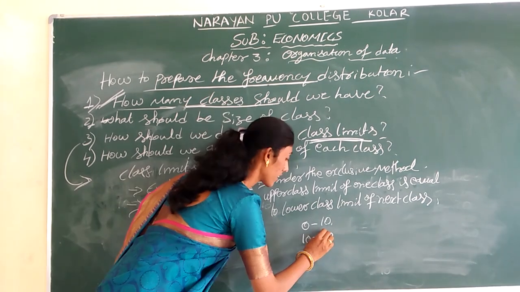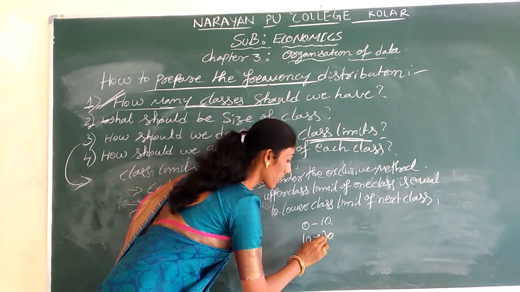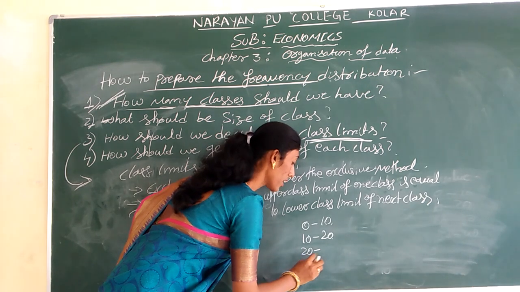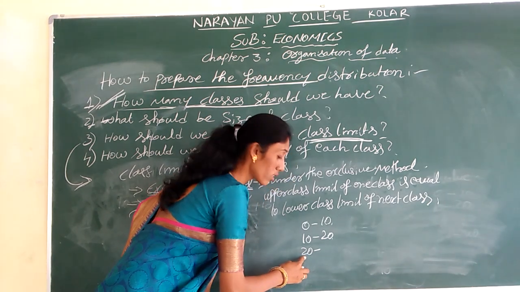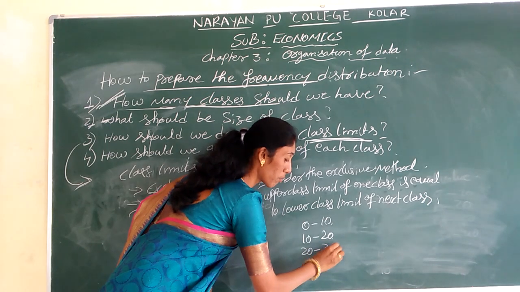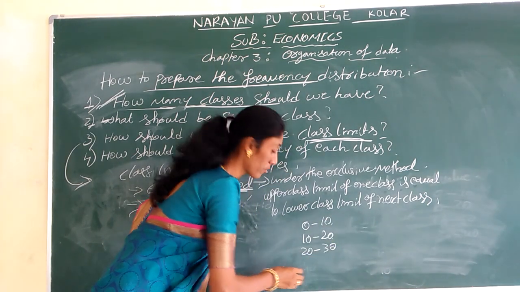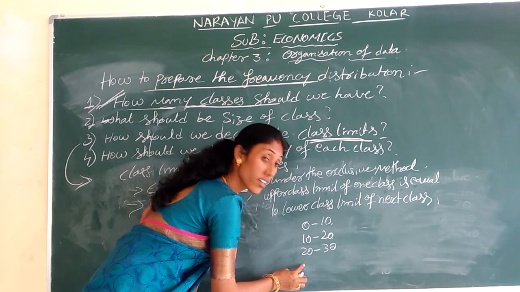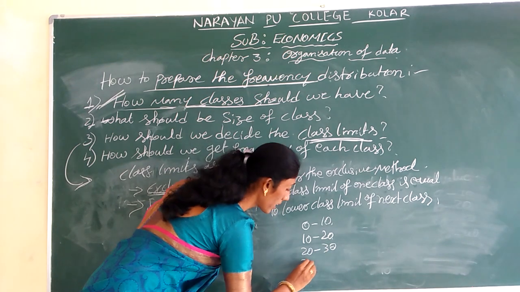Again, this upper class limit is 20, and it will be moved as the next class lower limit. Adding the class interval to this lower limit, we will get the upper limit, that is 30, and this upper limit will be moved as the next class lower limit.